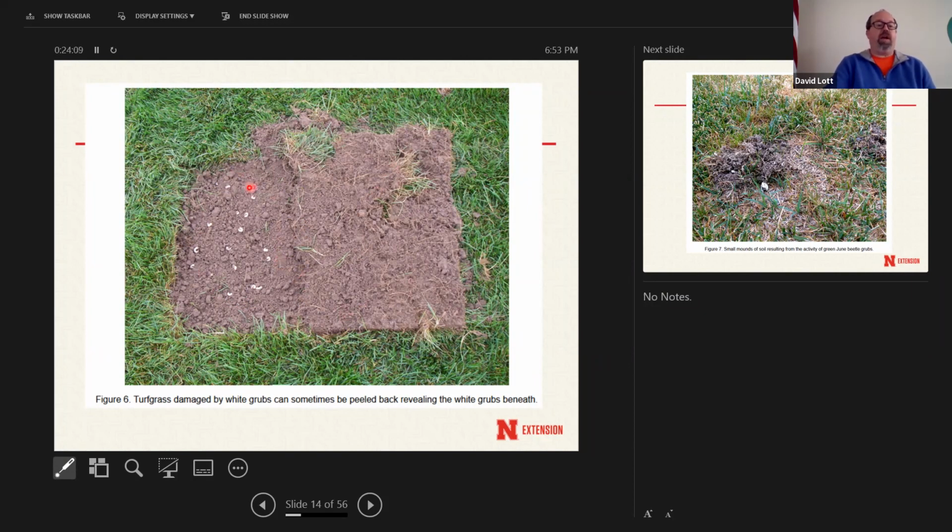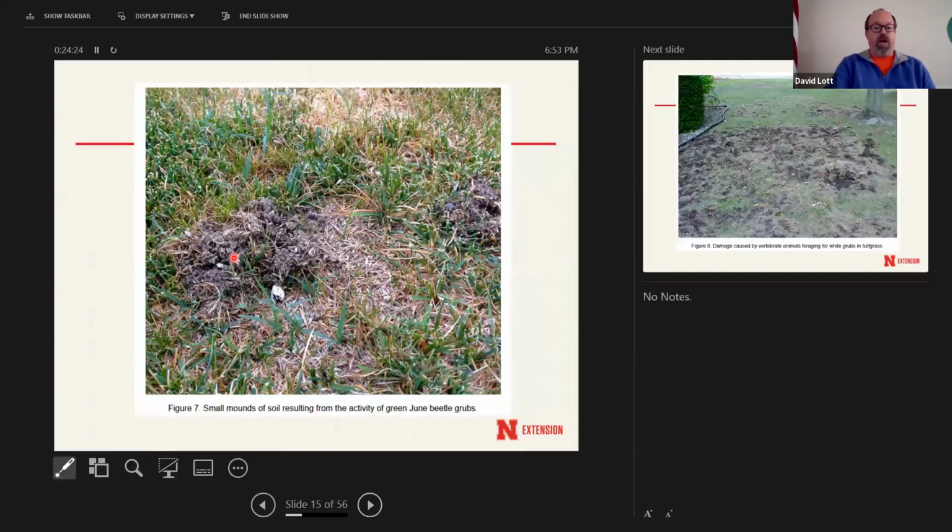But you will see right there, right under the soil level, where the roots have been and where they've been chewing. So that's really important.